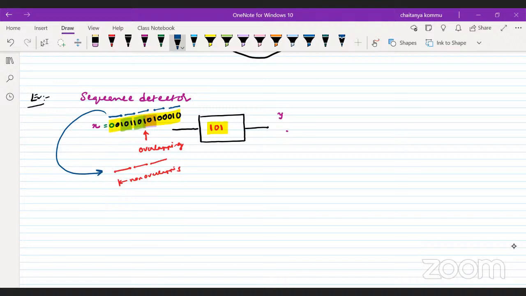So what is the output that we will get if it is an overlapping sequence? If the first bit is 0, 3 bits are not completed, so the output is also 0. When 3 bits are completed but it is not the actual sequence, the output is 0, and we consider the next one. These 3 are not possible. Next, these 3, yes, it is possible, so next these 3, not possible.